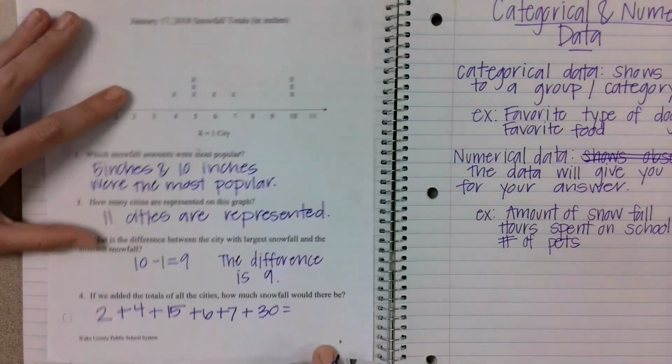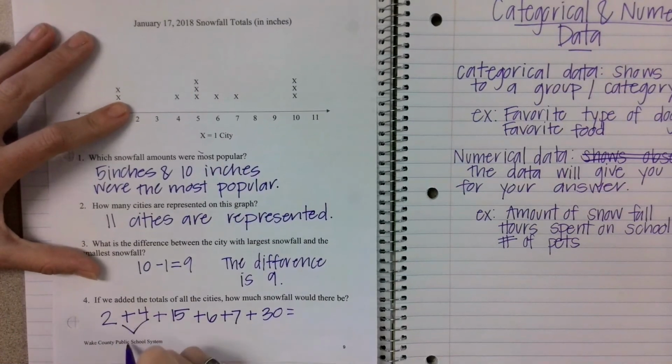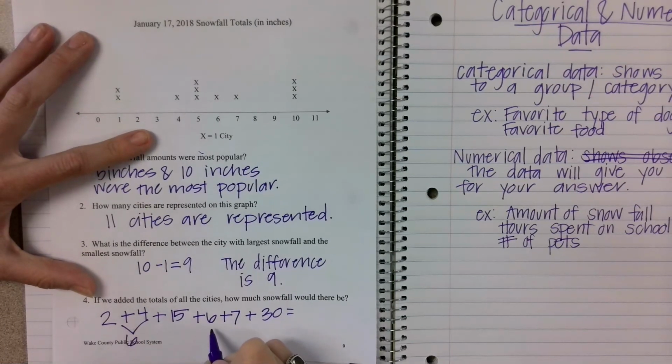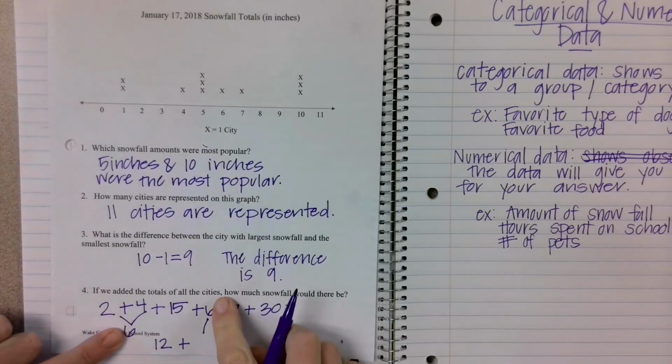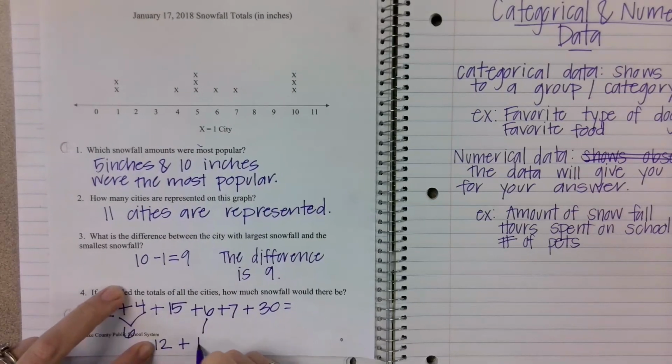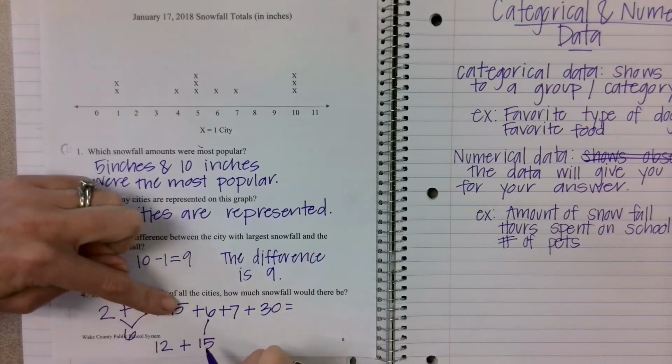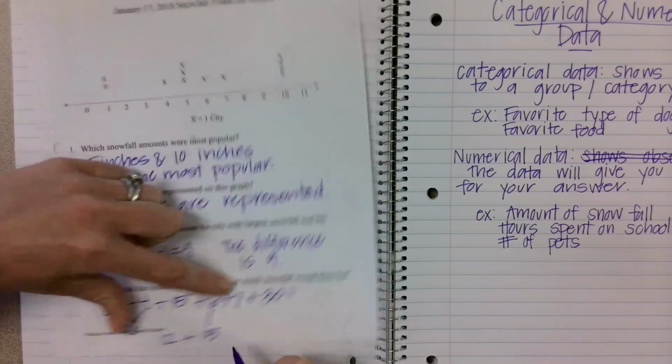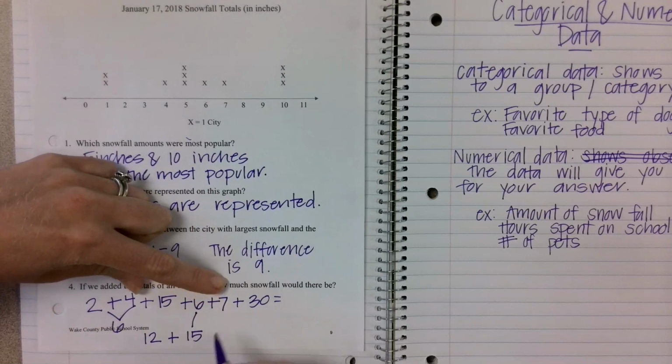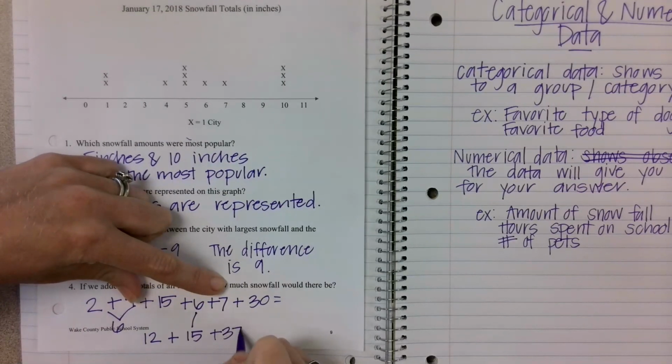Now I'm just going to add it up. 6 plus 6 is 12, plus the 15 from here. Now I know that 7 plus 30 is 37.